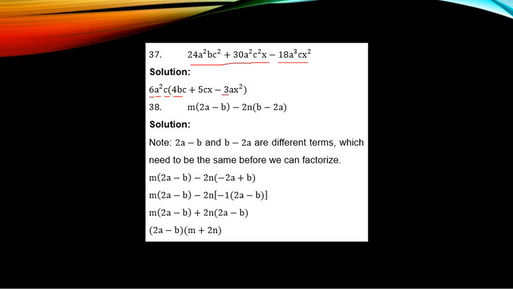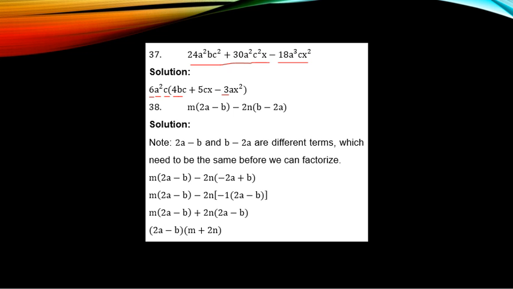Example 38, you have m into 2a minus b minus 2n bracket open b minus 2a. Note that 2a minus b and b minus 2a are different terms which need to be the same before we can factorize.